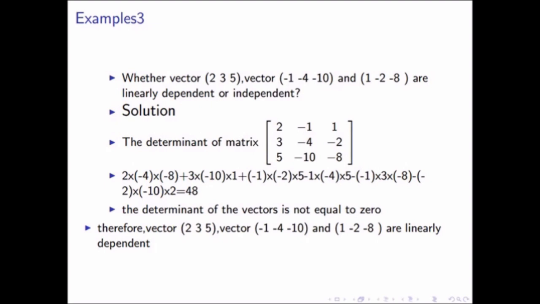Example 3. Are these three vectors linearly dependent or independent? We can calculate the determinant of the matrix combining these three vectors. It is not equal to 0, so these three vectors are linearly independent.